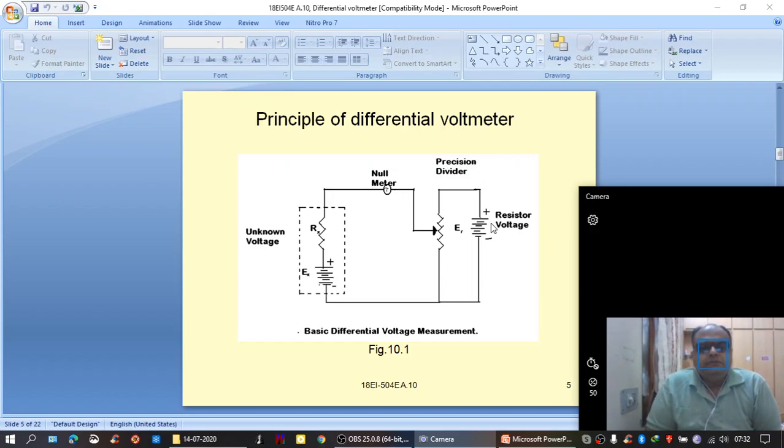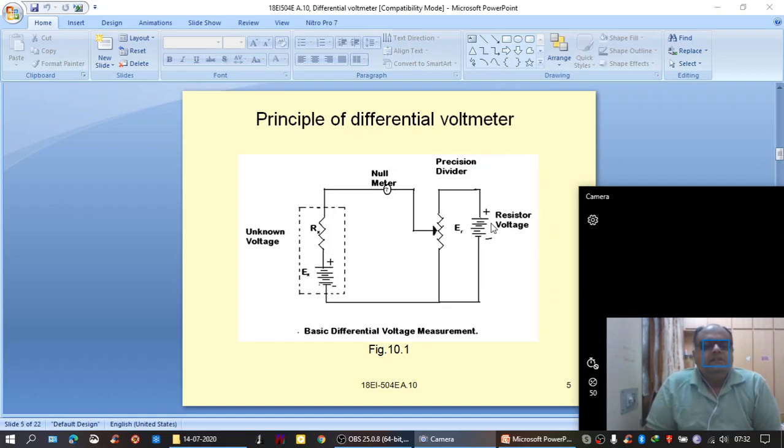Suppose if one voltage is larger, the pointer deflects in the counterclockwise direction, that is towards left, then it will rotate in the clockwise direction or move towards right side when the other is larger.